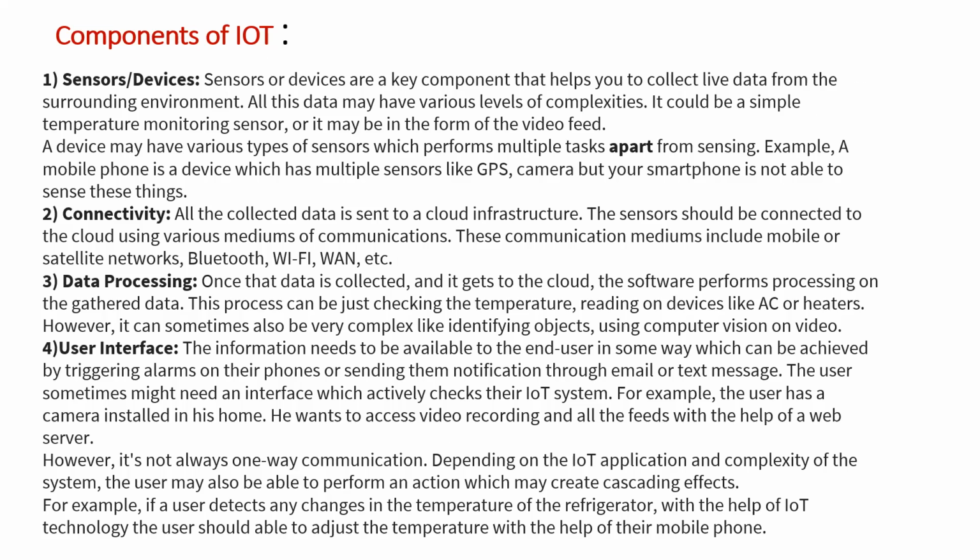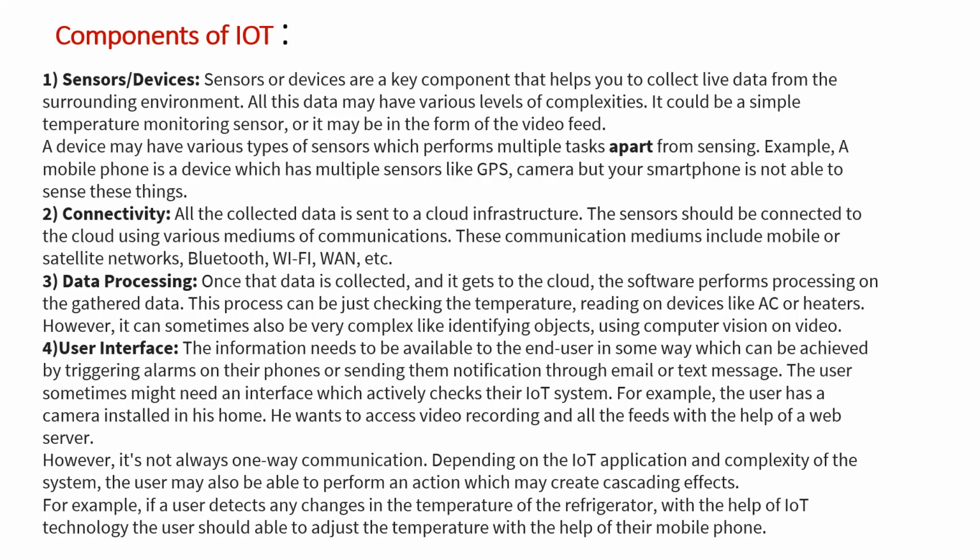Now let us discuss each of these points one by one. Okay, now what are the sensors or devices? So these are the important components which are used to collect the data from the surrounding environment. Okay, so this data may be a very simple form of data, or it may be a complex form of data.